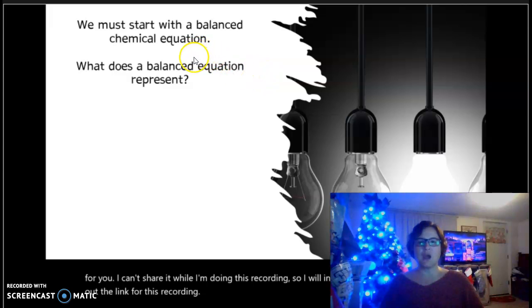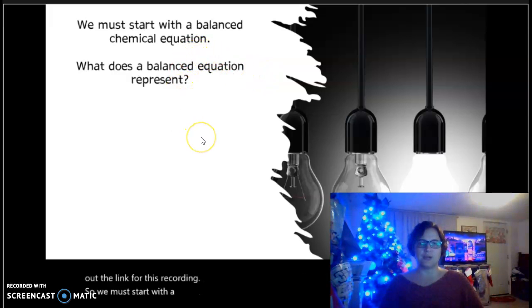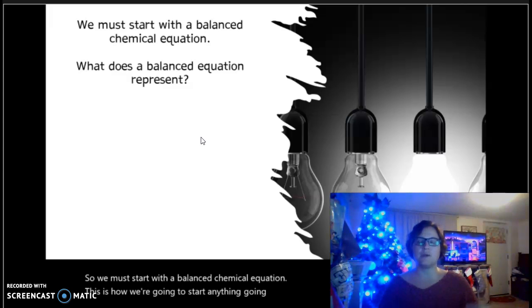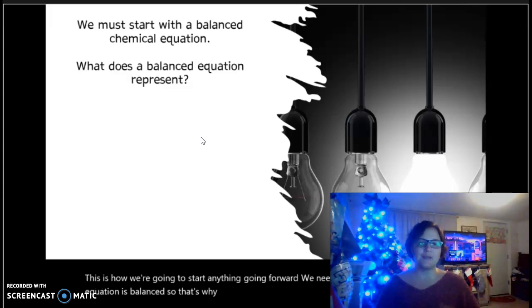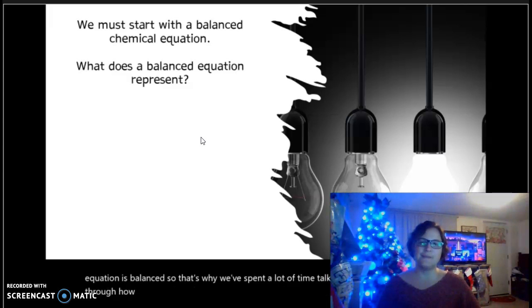So we must start with a balanced chemical equation. This is how we're going to start anything going forward. We need to make sure our chemical equation is balanced. So that's why we've spent a lot of time talking about that, working through how to balance that.